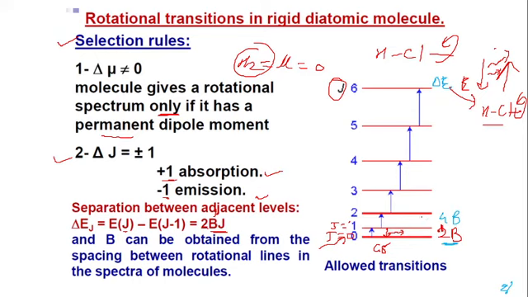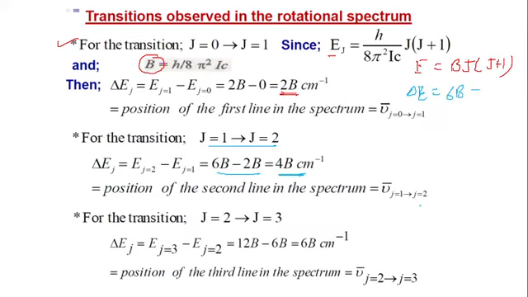In this manner, whenever we move from J equals 2 to 3, the value is going to change, and this value will be 6B. For the transition J equals 2 to J equals 3, we get the value 6B.